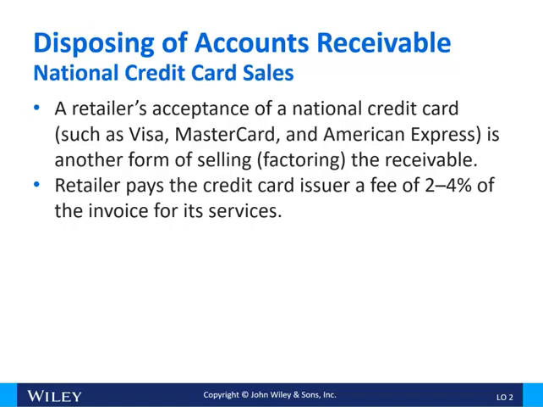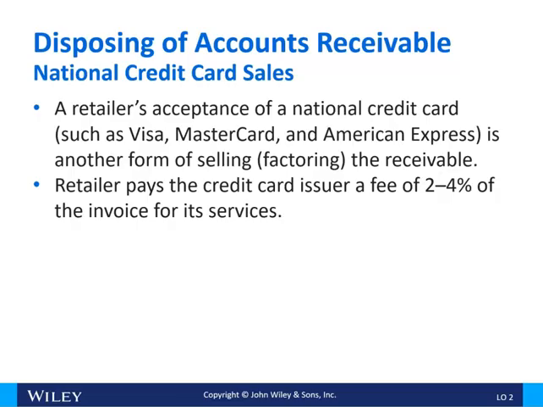National credit card sales. So we had an example earlier of a retail credit card sale. That's a credit card that can only be used at a certain retail location. We debited accounts receivable and credited sales revenue when we did this. Now we're going to look at national credit card sales. So these are Visa, MasterCard, American Express, Discover. Those are all national credit cards.